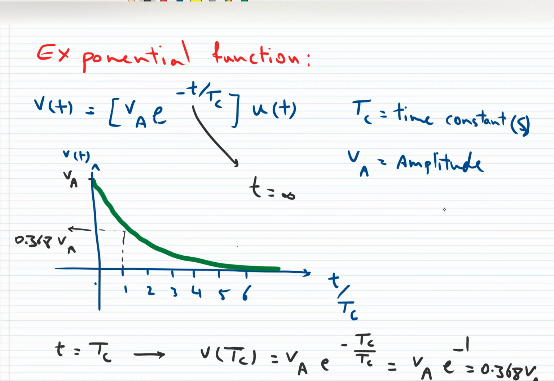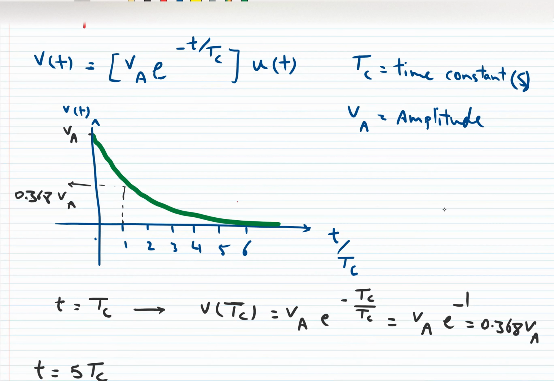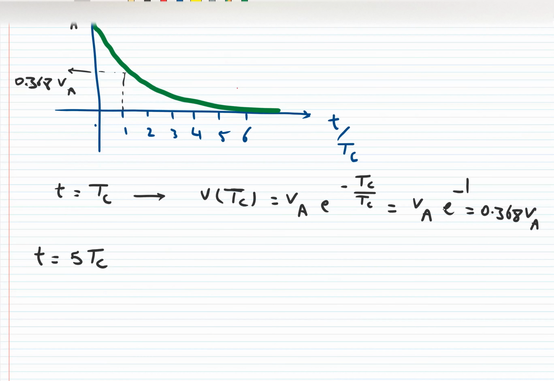But practically speaking, after 5 Tc, the waveform amplitude becomes very, very small. So we consider the duration of an exponential function waveform as 5 Tc. We say after 5 Tc, the amplitude is equal to zero. Practically, but in theory, it's not equal to zero.